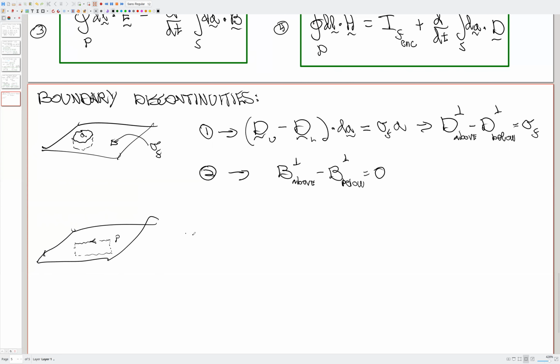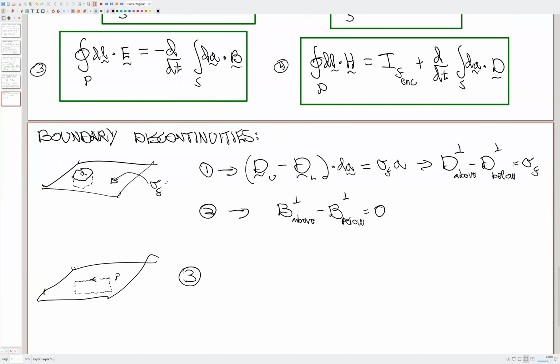If I do this integral over the Ampérian loop of the third equation, then essentially, let's call this vector here L, what I'm getting is that E above minus E below dotted into this displacement L has to be essentially given by the flux going through this little surface defined by this, but my surface is infinitesimal.